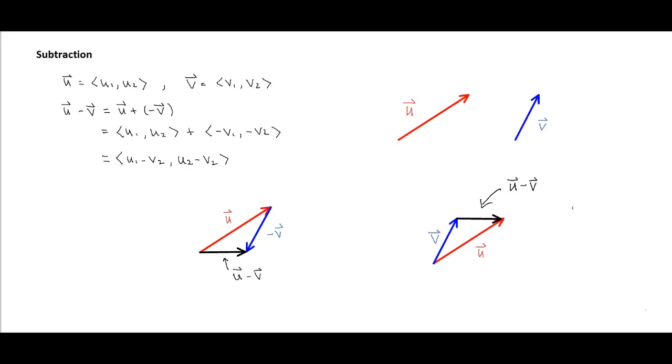Now let's talk about scalar multiplication. When we multiply vectors by scalars, it is called scalar multiplication. And for us, scalars are going to be real numbers. So for example, suppose that k is a real number and u is a vector whose components are going to be u1 and u2.